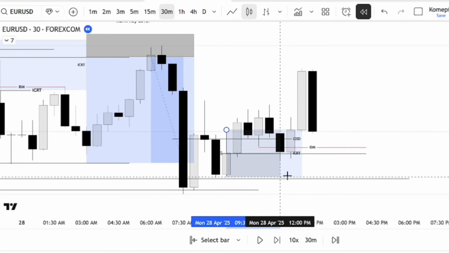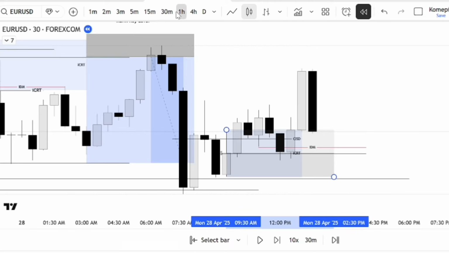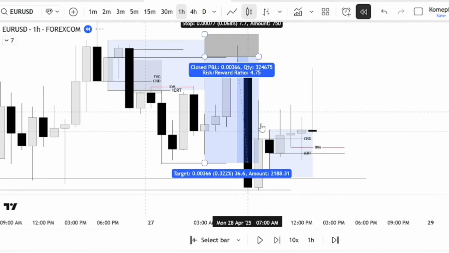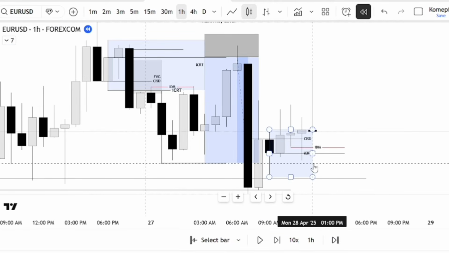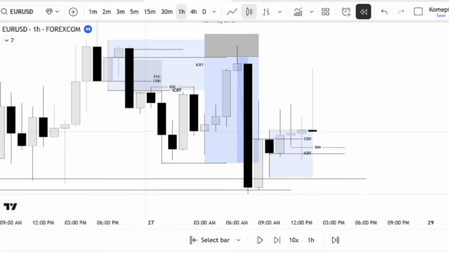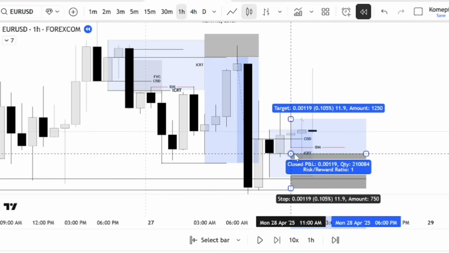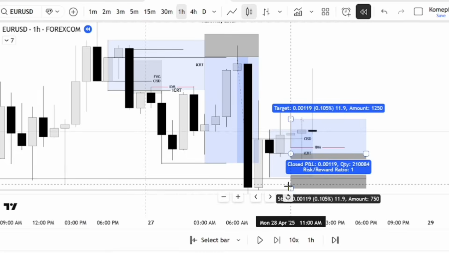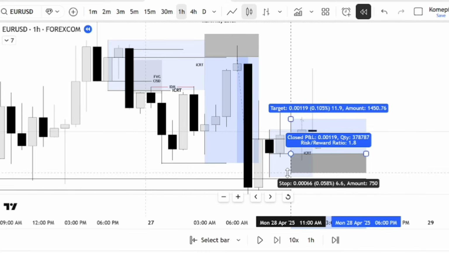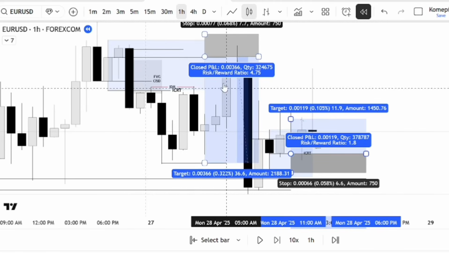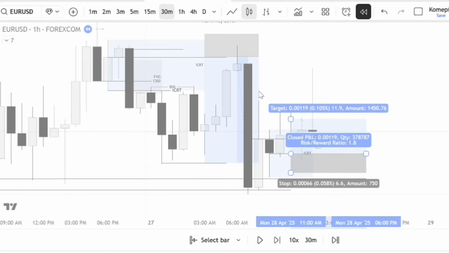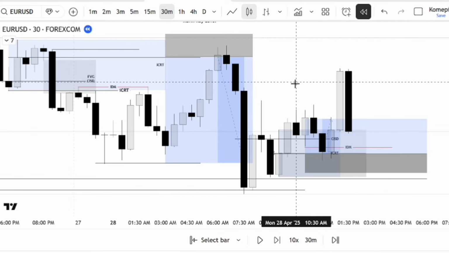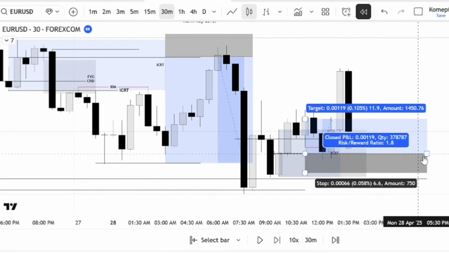Okay, and if I do that, you see that's exactly what price used, and beyond that, it's also in line with the MSNR key level, right? So because of that, this could increase your confidence, and you put your stop loss. You could use your MSNR, depending on your risk appetite.